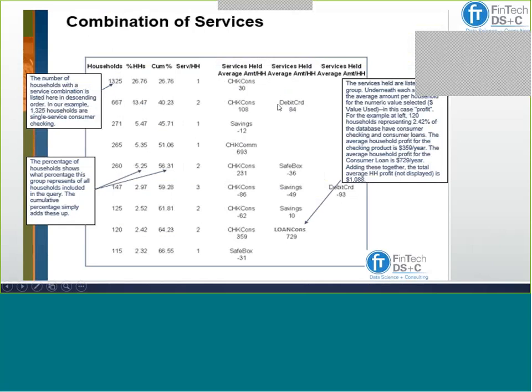So this is a certain segment of their households, just 667 of their top performing households, but yet looking towards the bottom, we have that exact same mix of products, consumer checking, debit card, and yet they even have a savings account. But when they have a very low balance and a high number of transactions, yet don't produce any fees, that checking account is going to result in a negative balance.